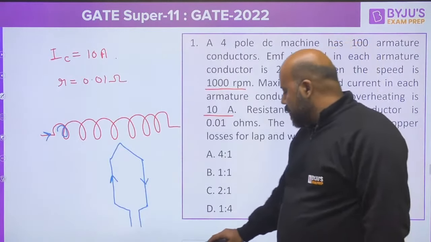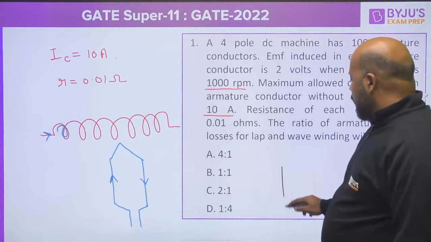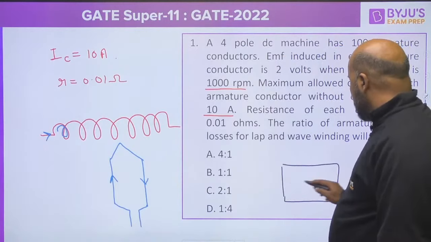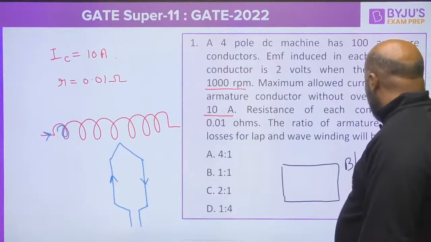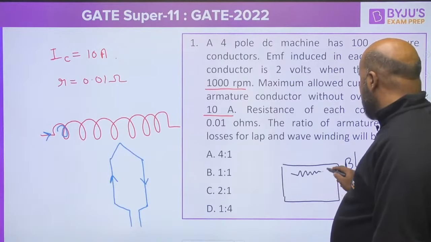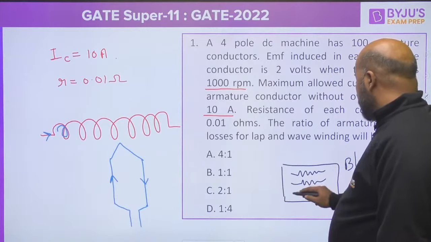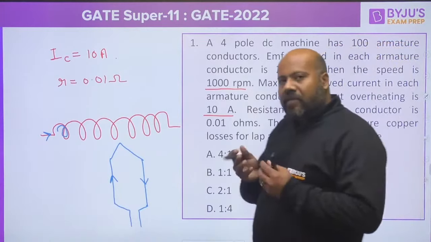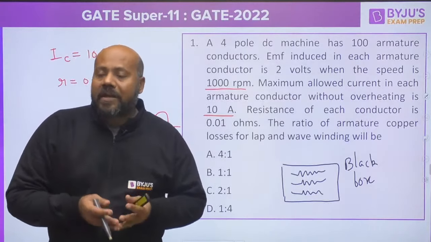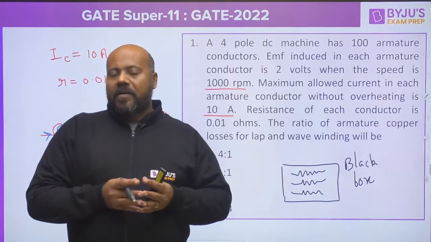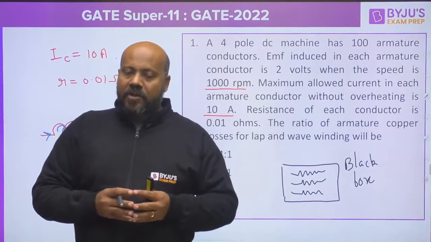Now this question, if you have a little bit of common sense, you can solve very easily. Suppose I give you a black box, and in this black box I give you some resistances. Whatever way you connect them, that may change either the voltage or the current, but the power loss is not going to change.